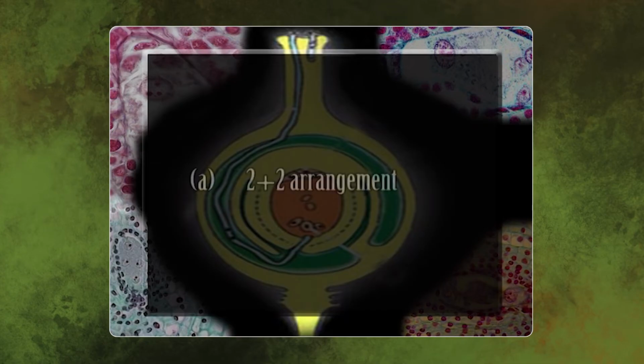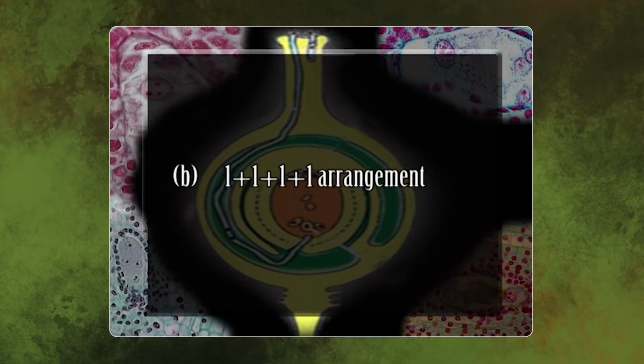The arrangement of the 4 nuclei in the coenomegaspore before the beginning of post-meiotic mitosis is of 3 types. First, 2+2 arrangement. 2 nuclei at the micropylar end and 2 at the chalazal end, for example, Adoxa type. Second, 1+1+1+1 arrangement. 1 nucleus at the micropylar end, 1 at the chalazal end and 2 placed laterally, 1 on each side.